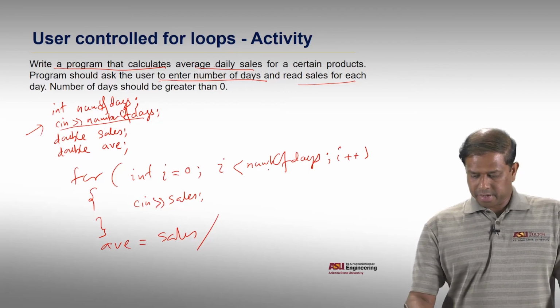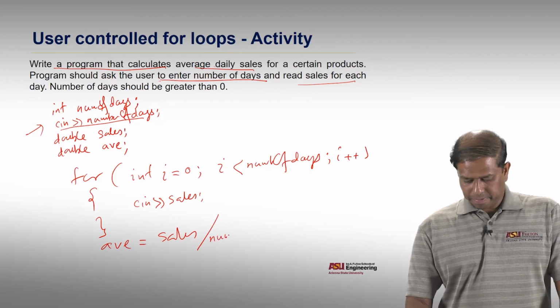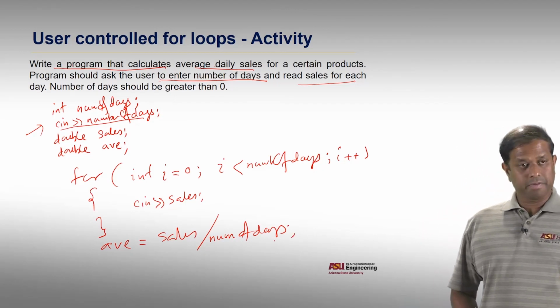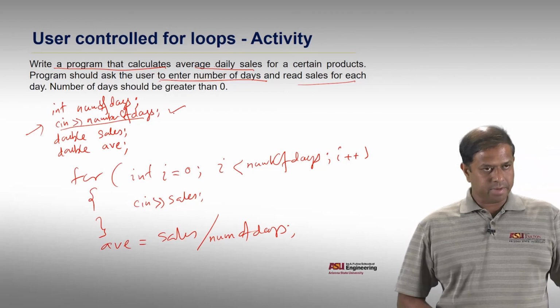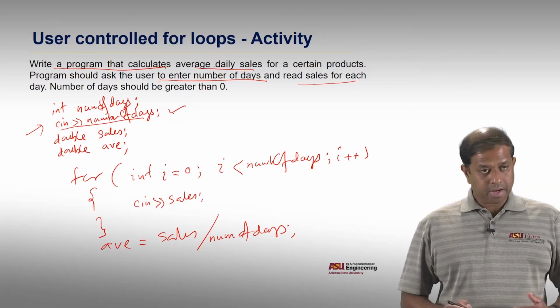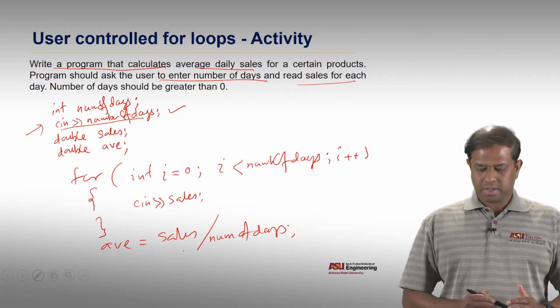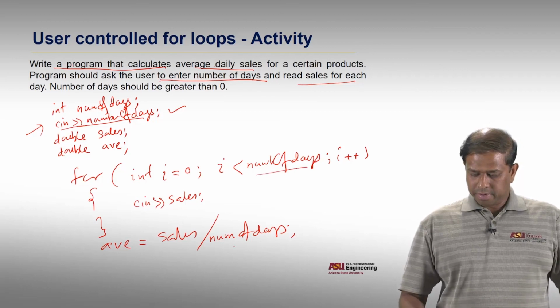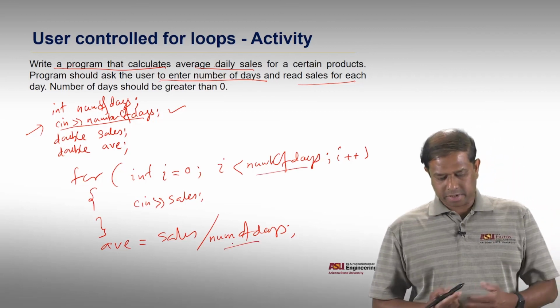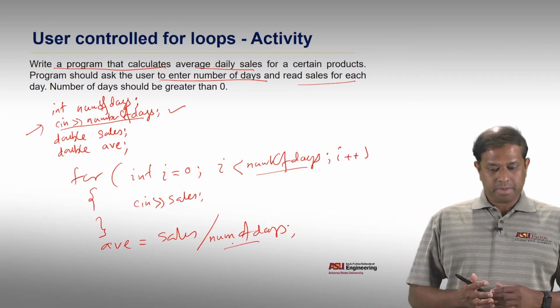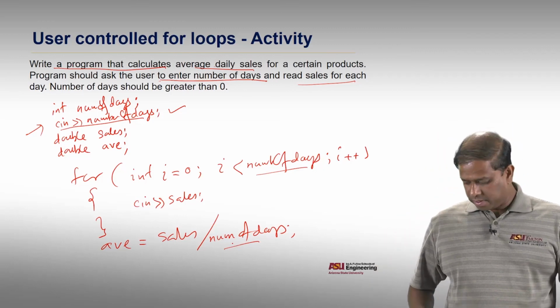For that also we can use this number of days variable to perform the calculation. So having a variable like this helps us put that variable in various parts of the program where we need that value for certain calculations. That gives us a little more flexibility in terms of writing for loops.